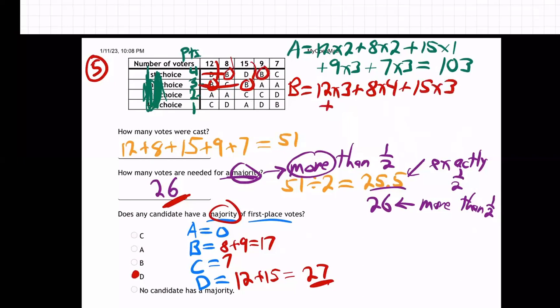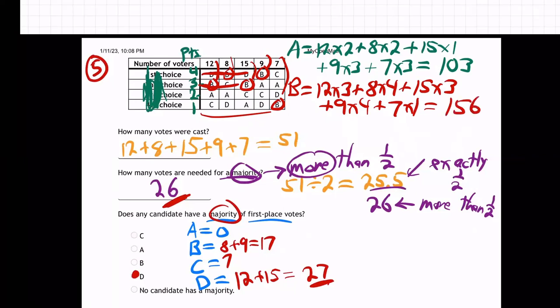Plus, here's B. 9 people gave B 4 points. And here's B. 7 people gave B 1 point. Add all that up on your calculator. I'm getting 156. That's a lot of points.